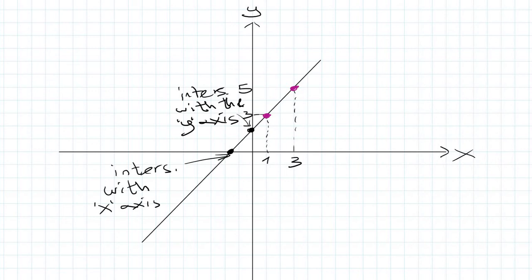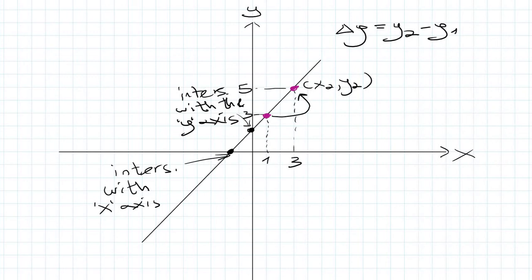And we can find how the y coordinate changes on the line when we move from this point to this point. We will call it the y value difference, or usually it is written as triangle y or delta y, and it equals the second value of y, y2, which corresponds to the y value of the second point, minus the y value of the first point.